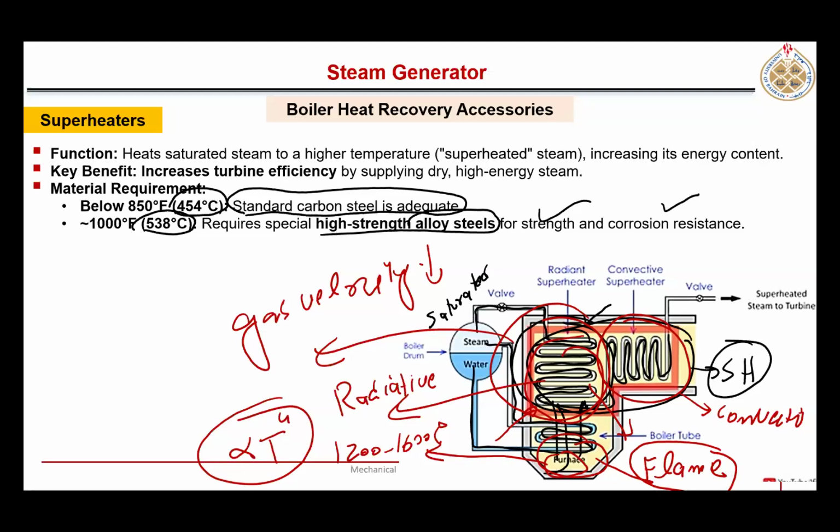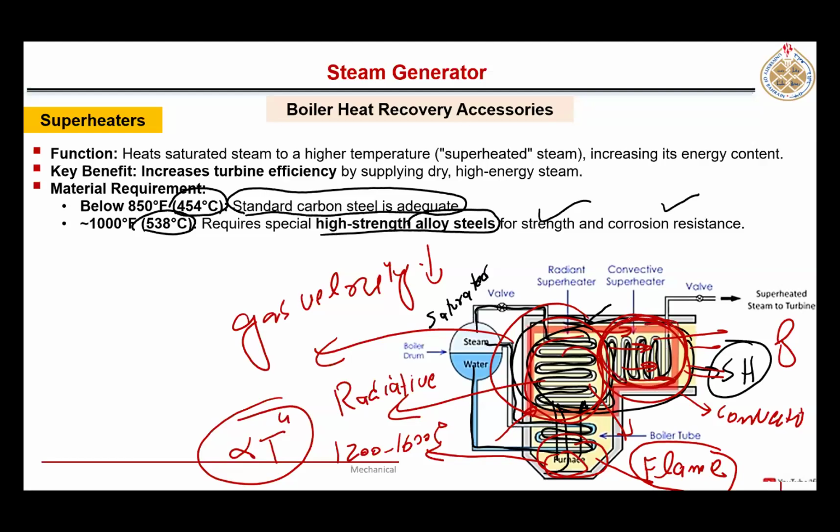But those tubes which are away from the highest temperature of the flame, now the flue gas is flowing with a certain velocity, right? There could be some blower or fan which is making these flue gases move, and also the temperature of the flue gas has now dropped.